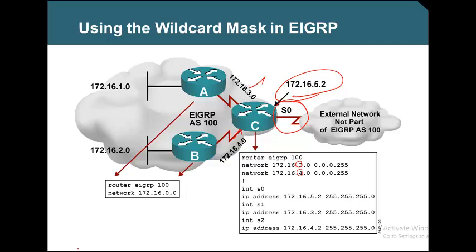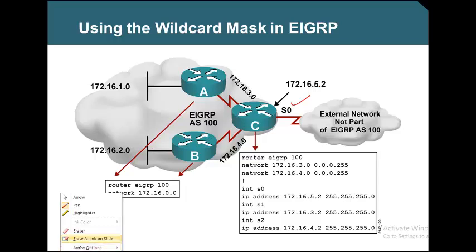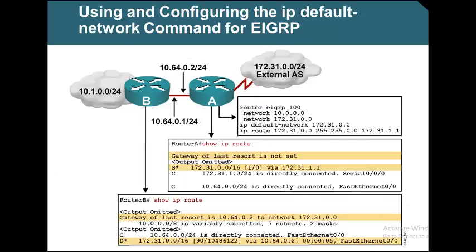Now, this is something called the default network command. What is it? You see, you have a very big autonomous system, let's say. Here they have written only 2 routers, or you may have many routers, like 200 routers.